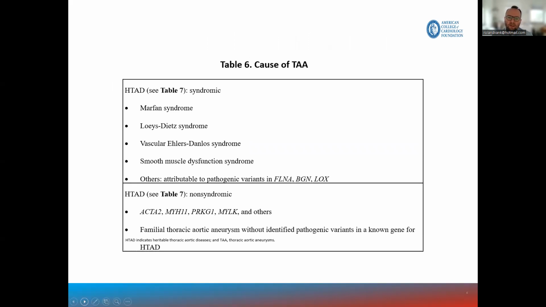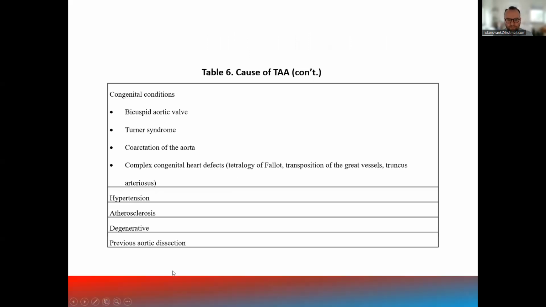So, several causes of thoracic aortic aneurysms. There are the syndromic ones, with Marfan syndrome as the most known variant, but there are also non-syndromic cases, like, for instance, ACTA2 mutations.